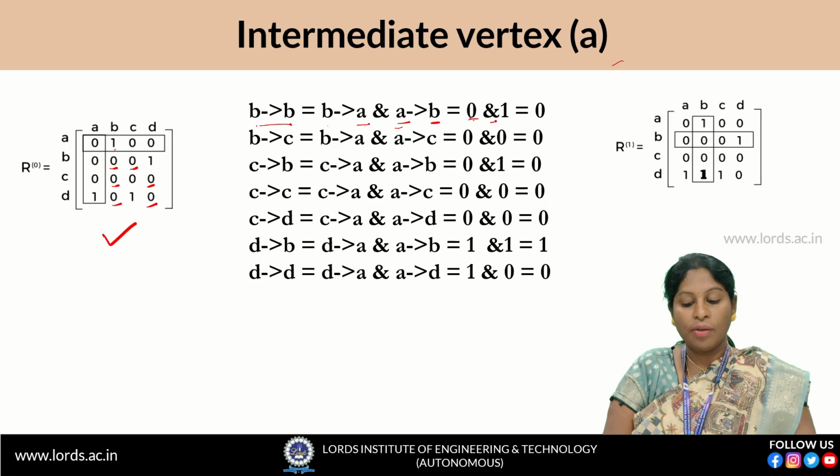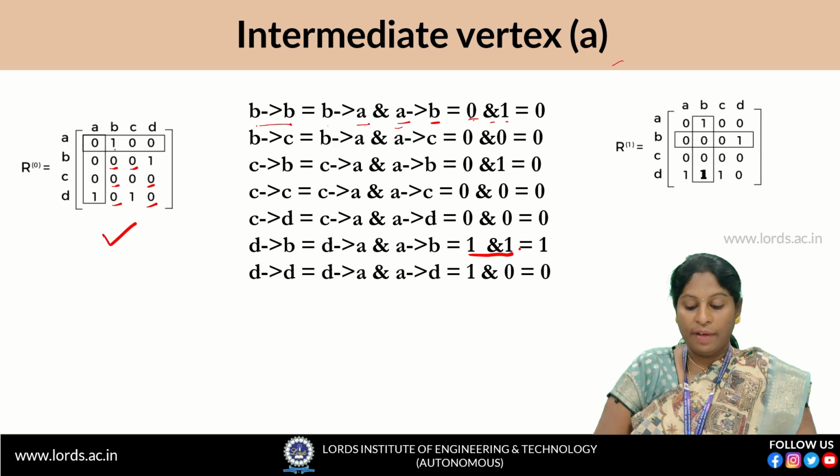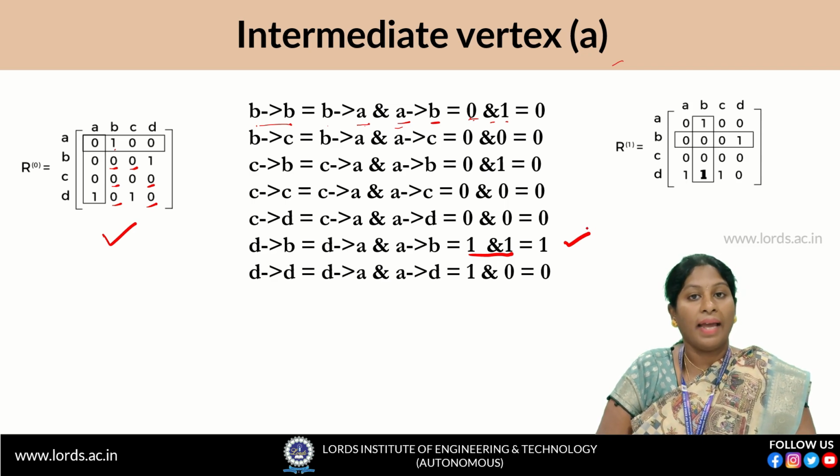So here 0 and 1. 0 and 1 will always give the result 0 only, whereas if the value is 1 and 1, then only we will get a 1. If either of the values is 0, then we are going to consider it as 0, because here we are using an AND operation.